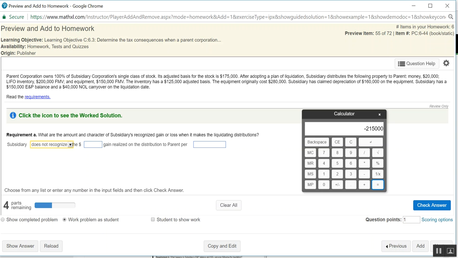So first of all, we added up the total amount realized, which was 350.